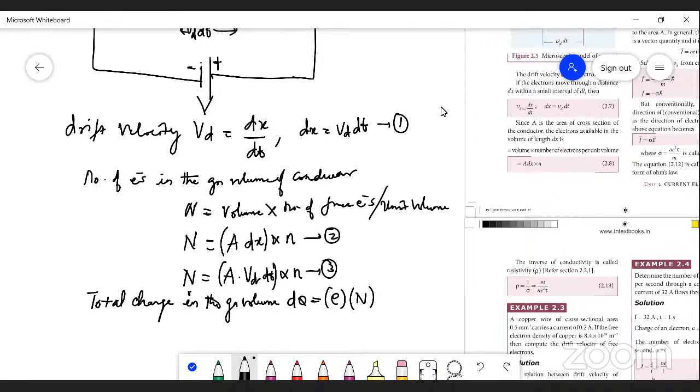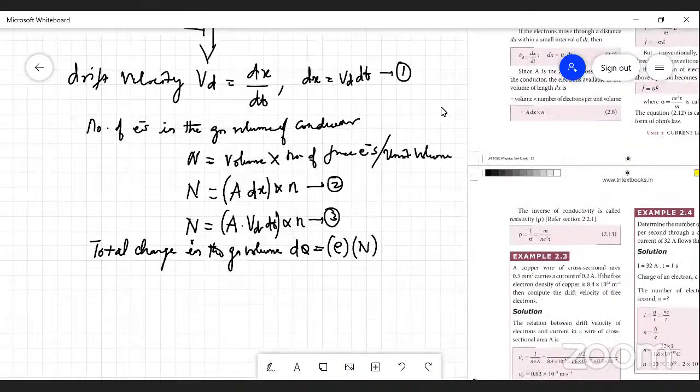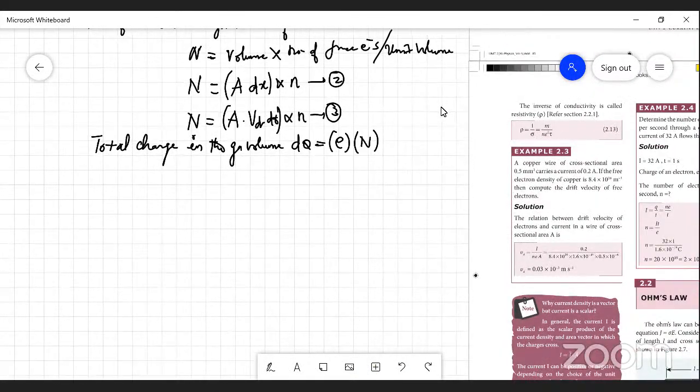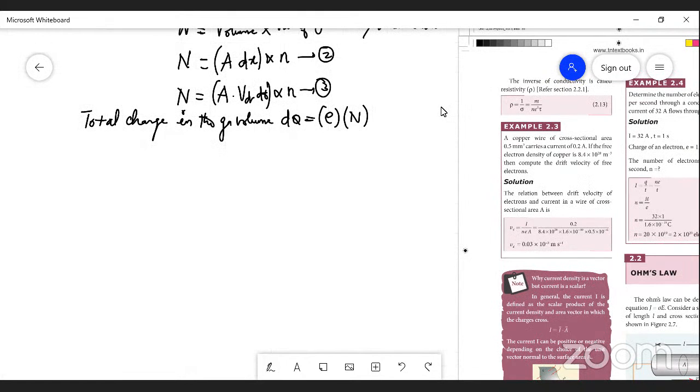If one single electron has a charge of magnitude e, and there are 100 electrons, the total charge is 100 into e. In the same way, dq is equal to n into e, because there are n electrons in the given volume of the conductor.